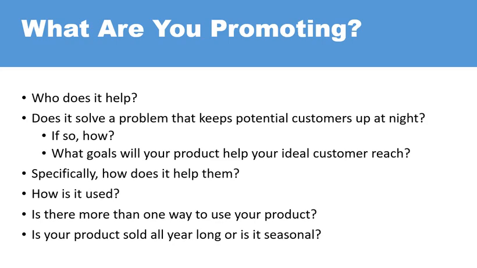And if so, you need to lay those different ways out, because maybe, we call them use cases. So if your product is used in a certain way that helps customer A, and then you have another way that it can be used that helps customer B, then you want to create content for customer A and customer B, because you want to attract both of those folks to your audience.